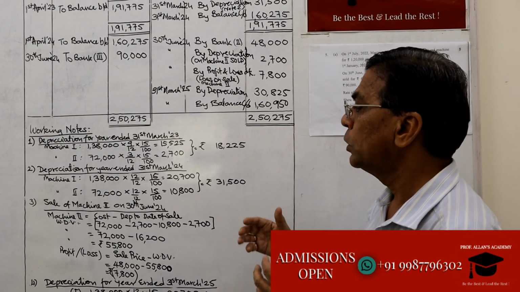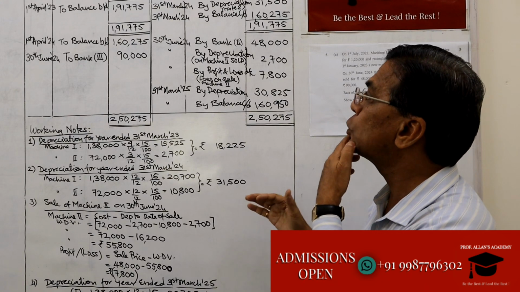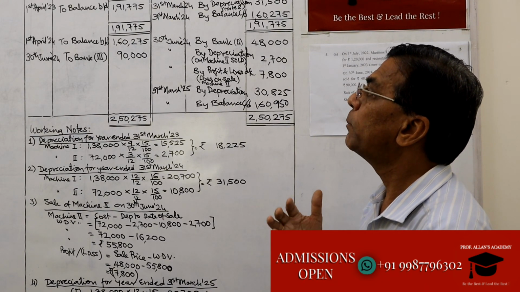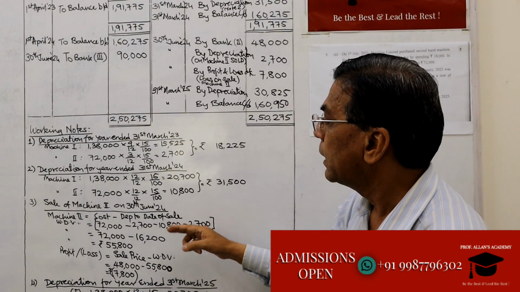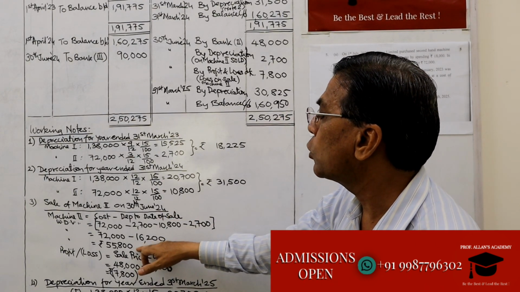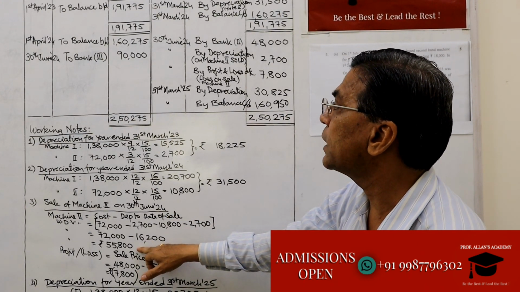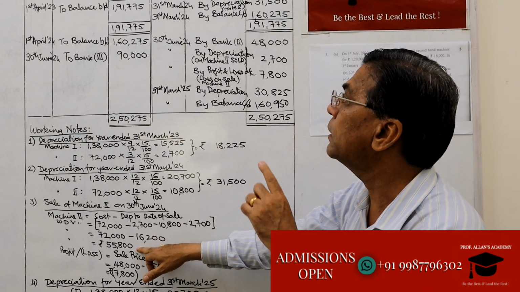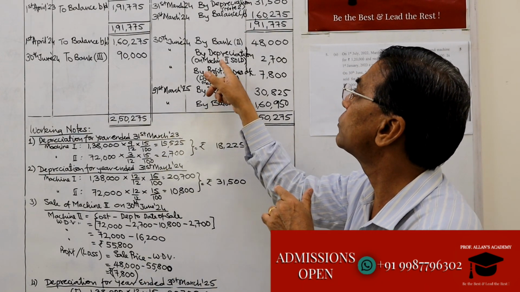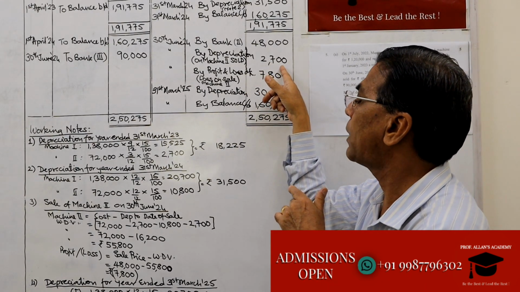What we need to do in our working note is to check what was the book value of this asset on the date of sale. And on the date of sale, asset 2 has a book value of 55,800. Mind you, I have charged depreciation for the current year up to the date of its use, that is 3 months, that's 2,700.